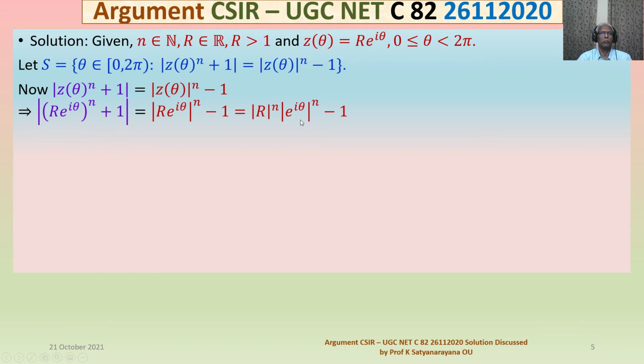So the right side will be r^n − 1 in the same way, since |e^(i theta)| is 1 and r is greater than 1.